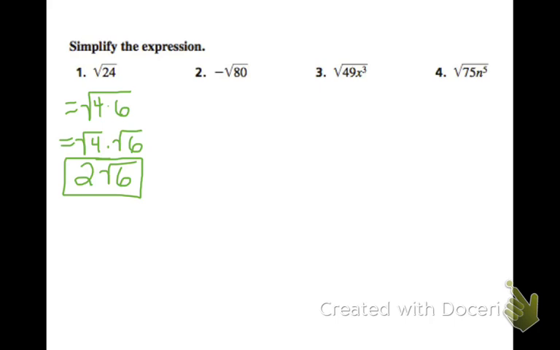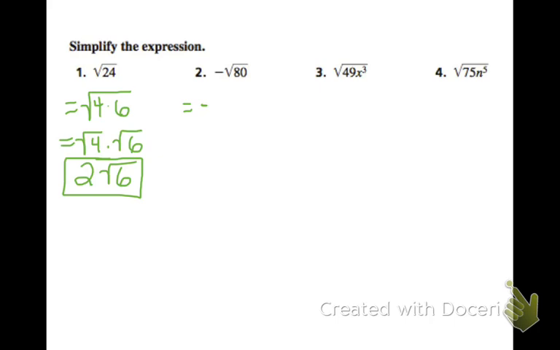For number 2, the whole thing will be negative. And I know that I could break up 80. Now, I could look at some simple things like, it's even, so I can divide by 2, or I could divide by 10, but 10 is not a perfect square. So I start looking for some perfect squares. Is it divisible by 4? It is divisible by 4.